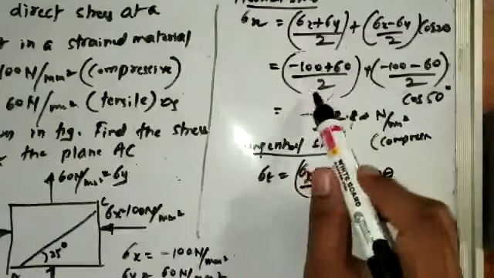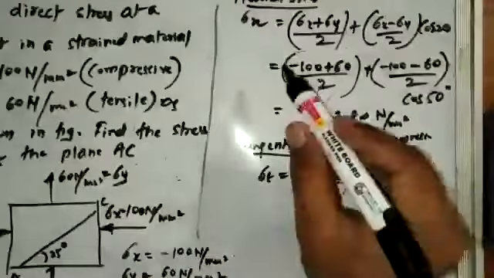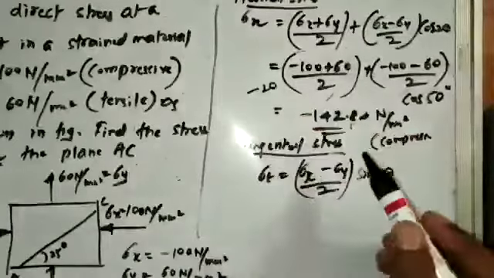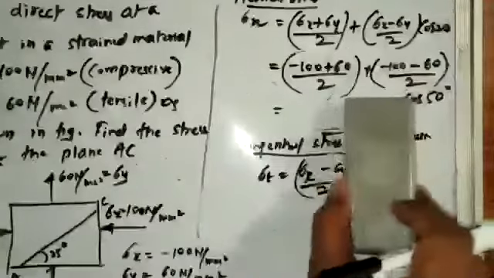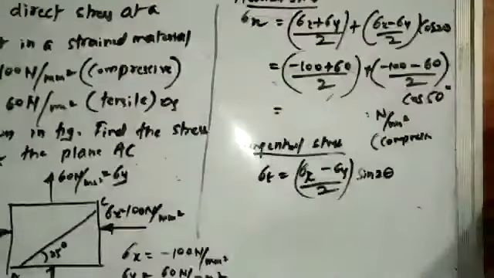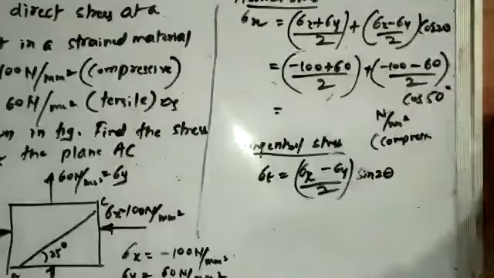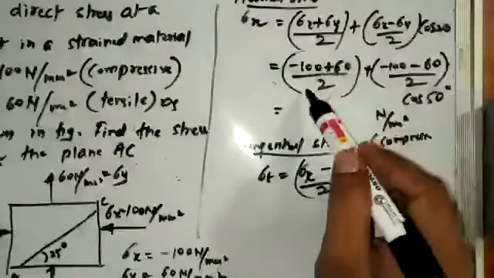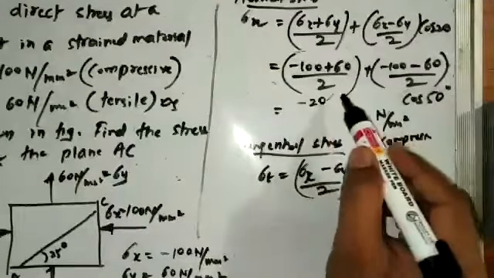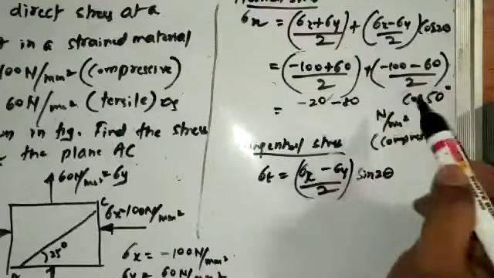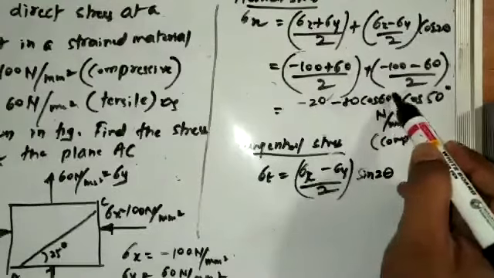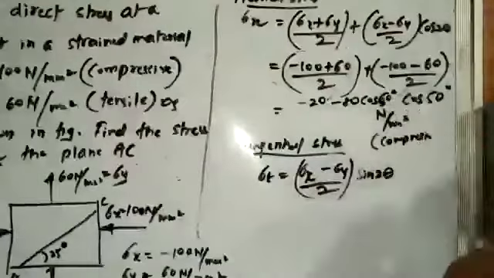This will be minus 20, correct? And please consider the negative sign. So this will be minus 20. 160 by 2 minus 80 cos 60 degrees. Sorry, 50 degrees. Minus 64.